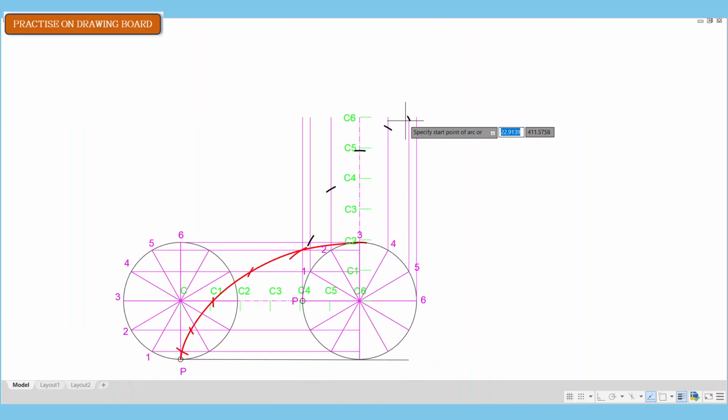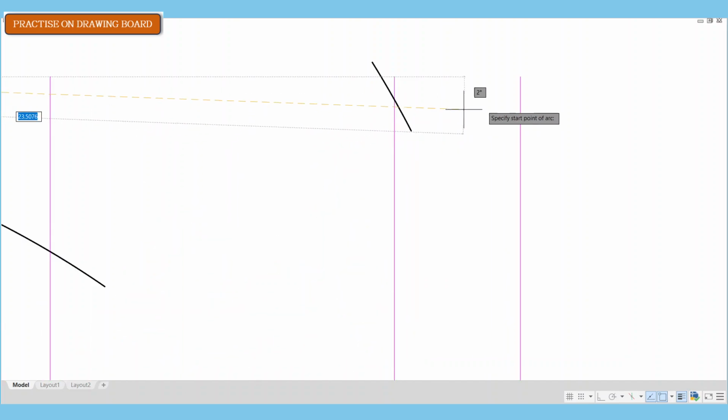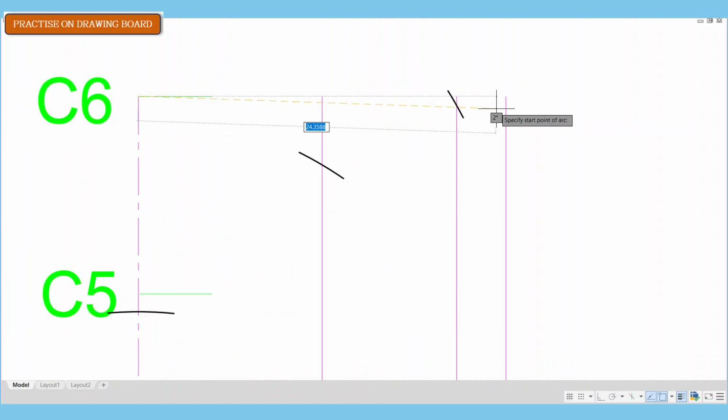And we have to do it one last time for our sixth center. And that should go to our sixth line, maintain the radius at 25.